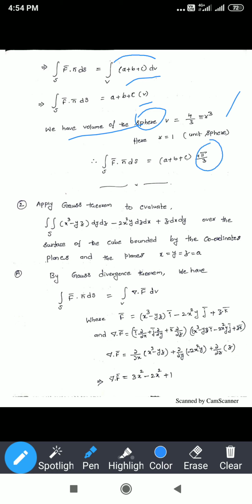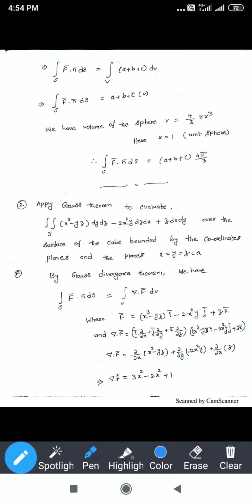Substituting this v, we get the surface integral of f bar dot n bar ds is equal to a plus b plus c into 4 pi by 3. This is a simple question. Come to the next one.